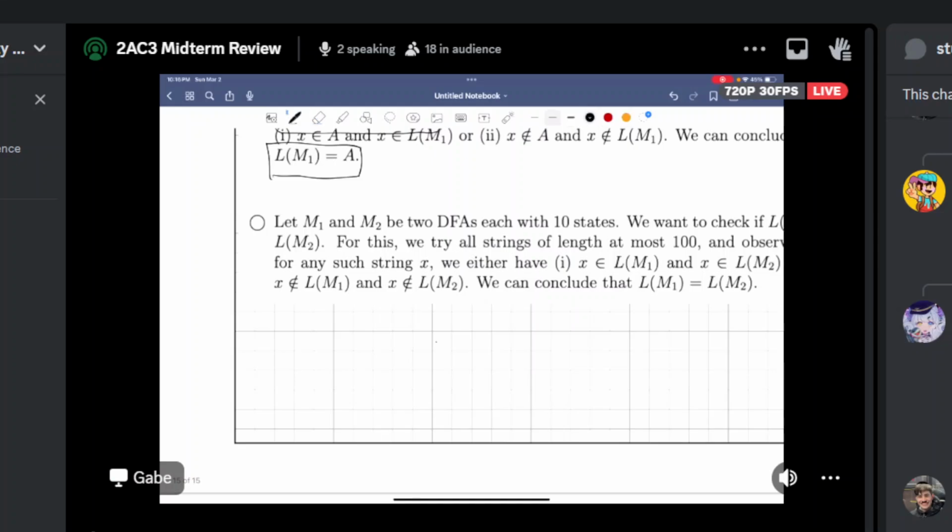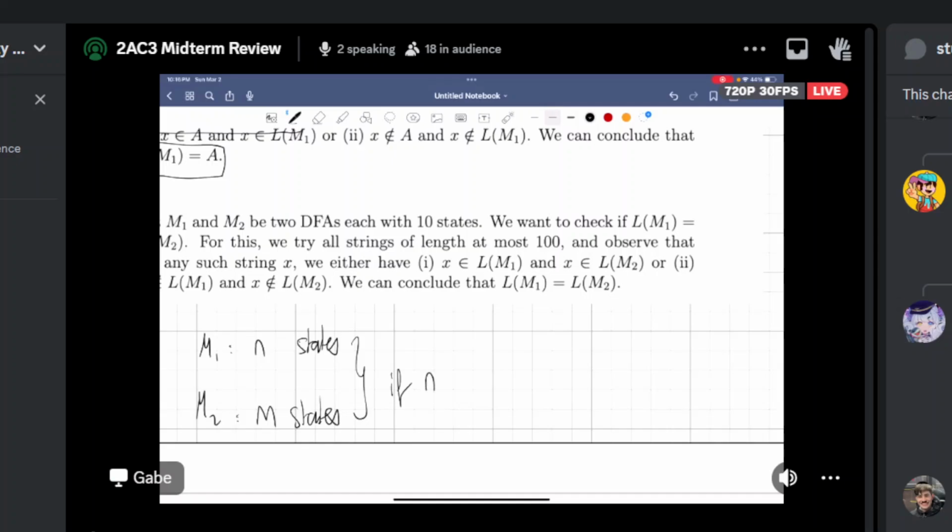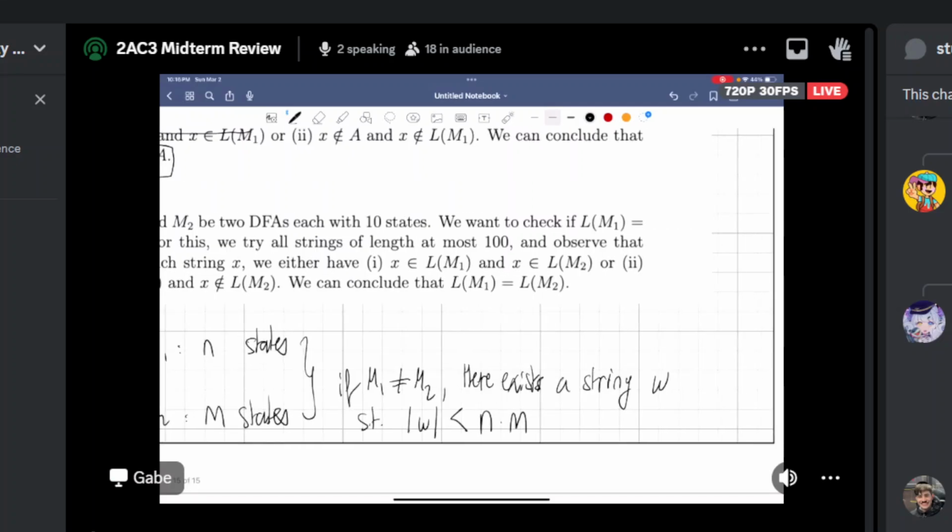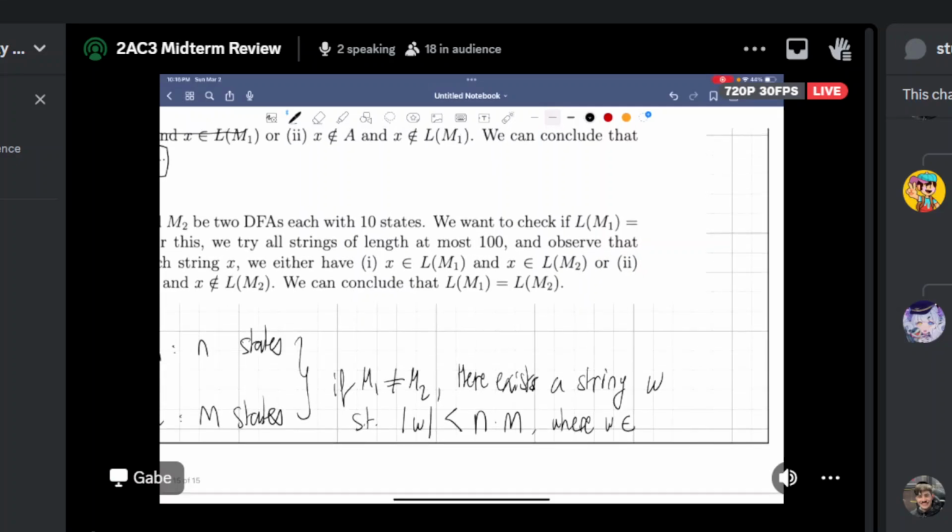Okay, if you have a DFA M1 and a DFA M2 with N states and M states, then if M1 is not equal to M2, there exists a string W such that the length of W is less than N times M, where W is accepted in one and rejected in the other.